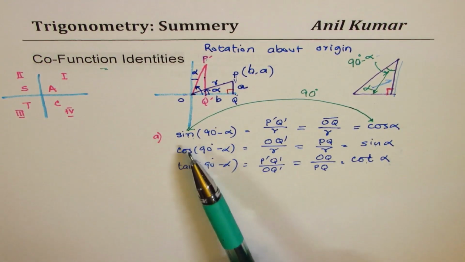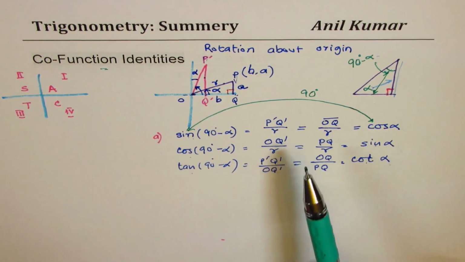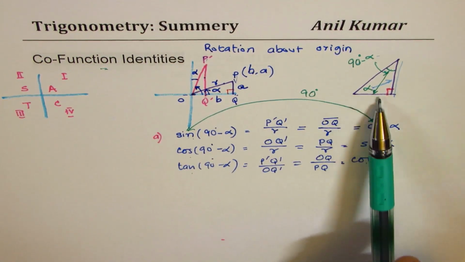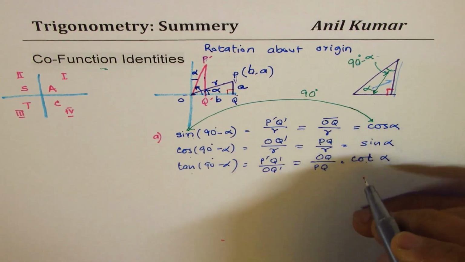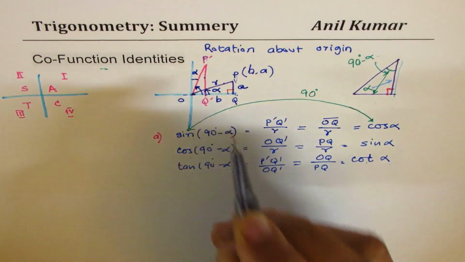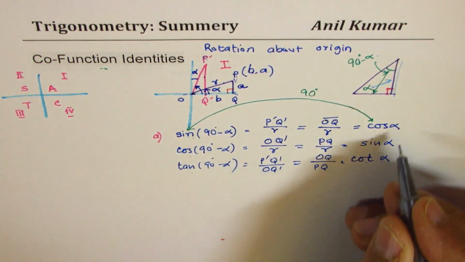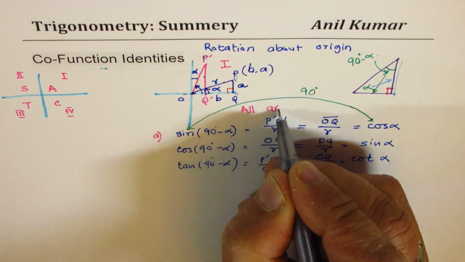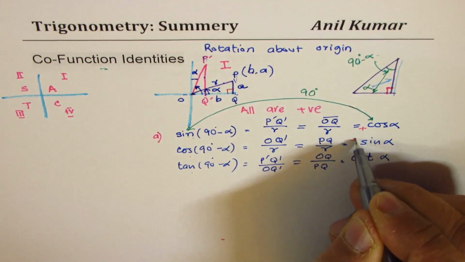I've taken a lot of time to explain this, but I'm closing down very fast on the rest of the angles. But I hope you get this point. Now the second thing which we always notice here is that in this particular case, we are working with quadrant 1. In quadrant 1, all are positive, and therefore we have positive signs here.